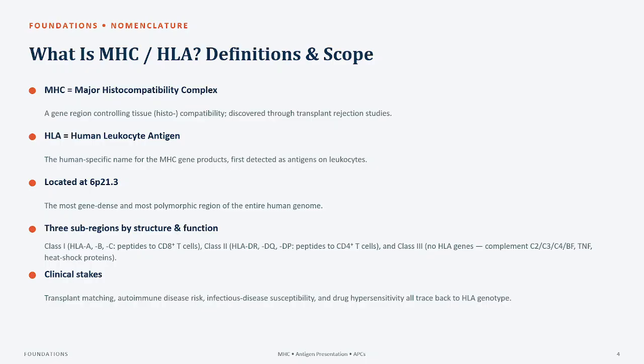There are three subregions by structure and function: class 1, class 2, and class 3. Class 1 is HLA A, B, C, presenting peptides to CD8 plus T cells. Class 2 has HLA DR, DQ, DP, presenting peptides to CD4 plus T cells. Class 3 has no HLA genes, but encodes complement components C2, C4, BF, TNF, and the heat shock proteins.